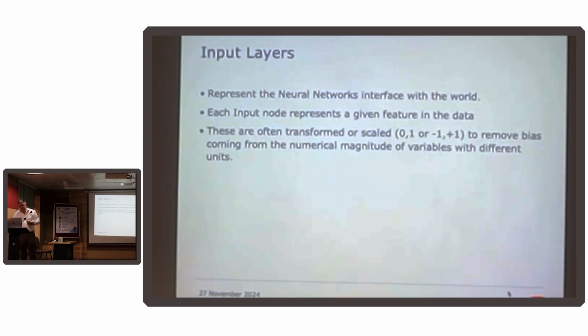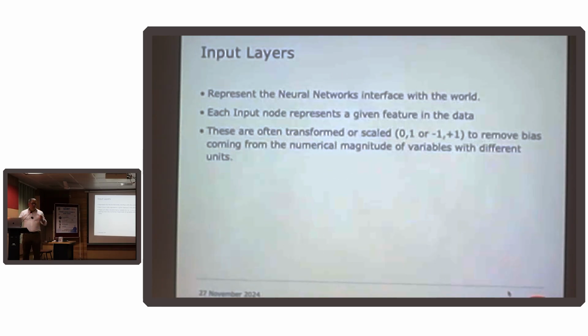And each input node represents a feature. So it could be a pixel, it could be a protein, it could be a gene, it could be a part of a signal, a channel in the signal. It's a way of representing the world. And it is a variable. So each time point or each feature is varying through a population.